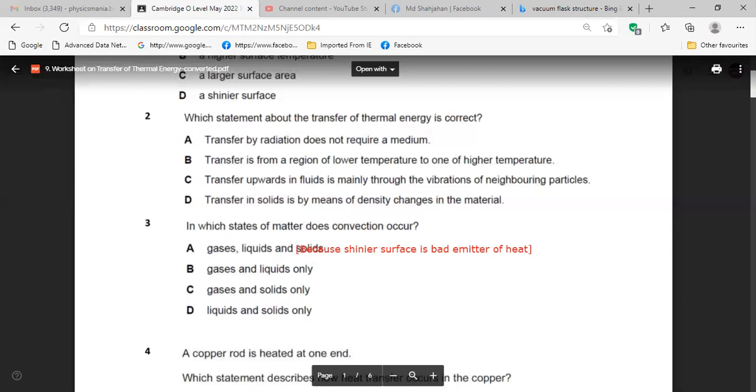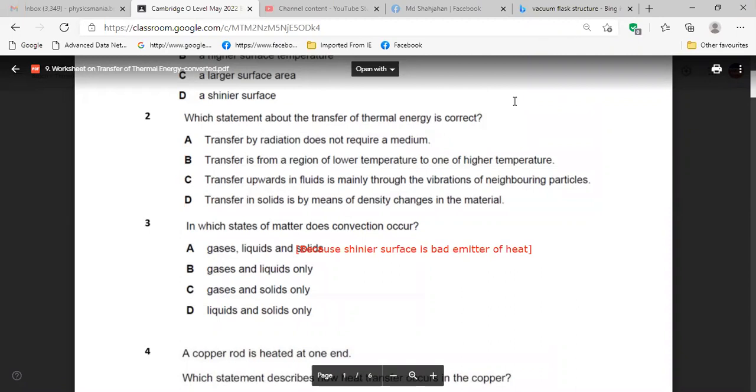We have circulation of molecules, right? In solids, we have vibrations of neighboring particles. And D, transfer in solids is by means of density changes? No, it is in liquids. Transfer in liquids is by means of density changes in the material, like higher density sinks down, lower density rises up, isn't it? Yes, sir.